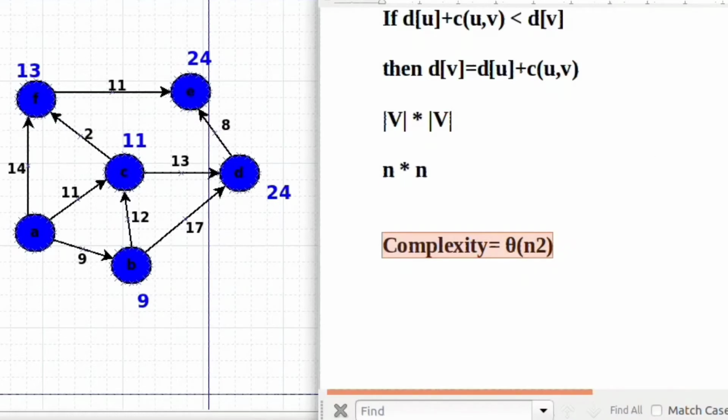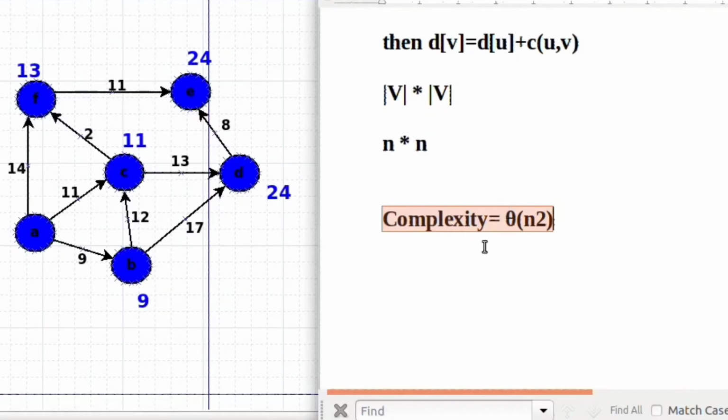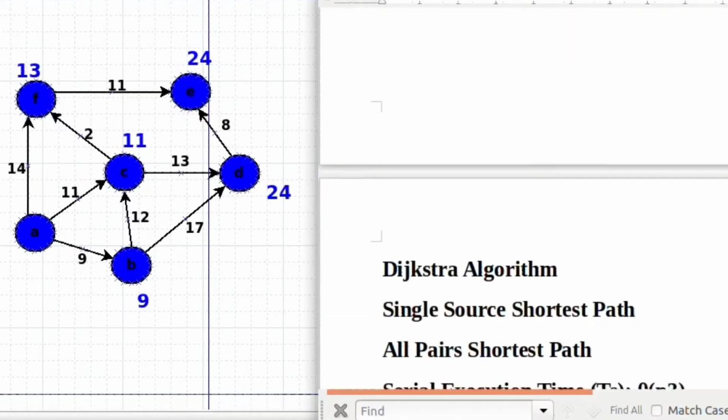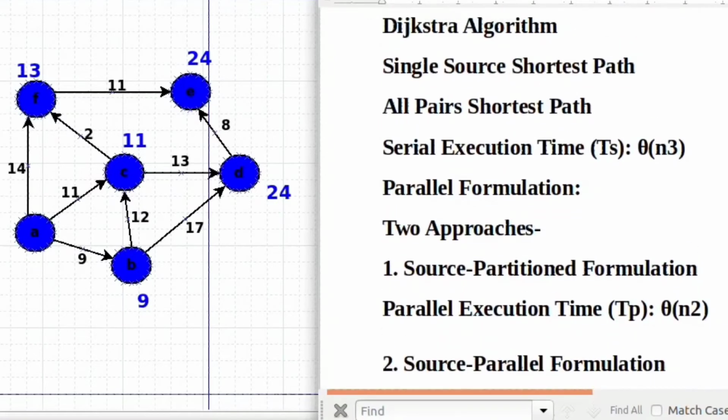So when we apply it for one vertex, the time that we require is theta of n square. Now on each vertex we are applying Dijkstra algorithm. So theta of n square into n, it becomes n cube, and that's why the time required is theta of n cube.